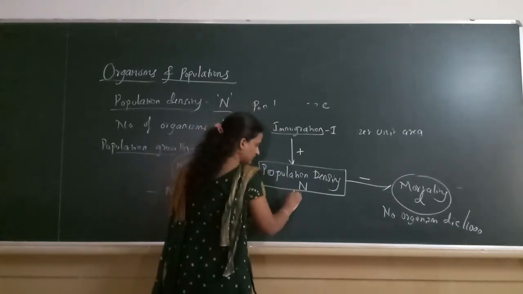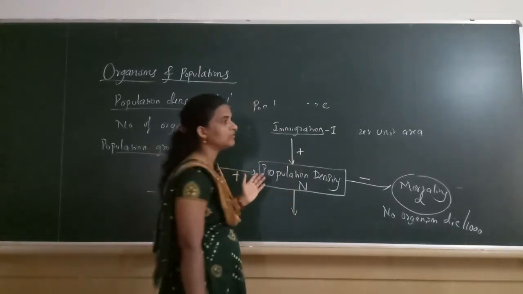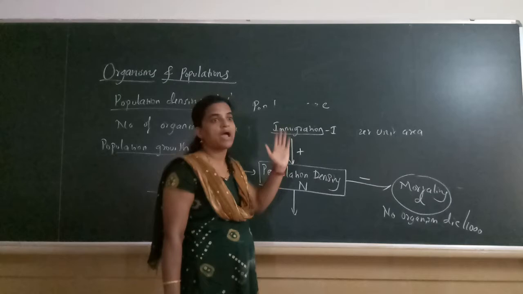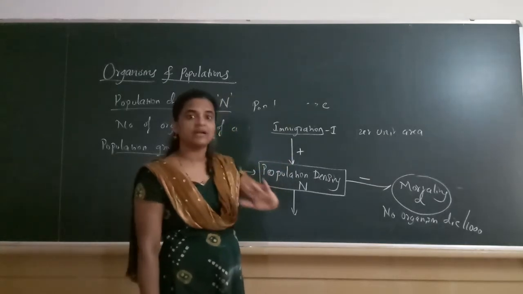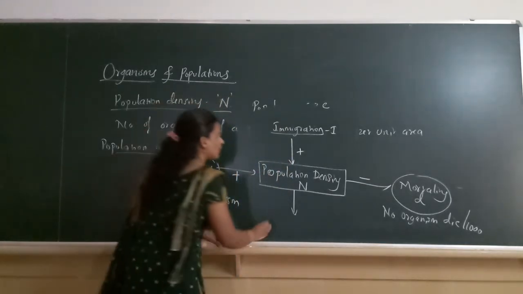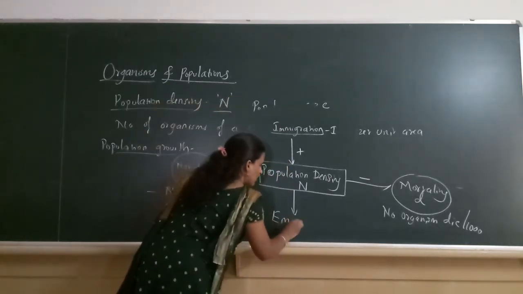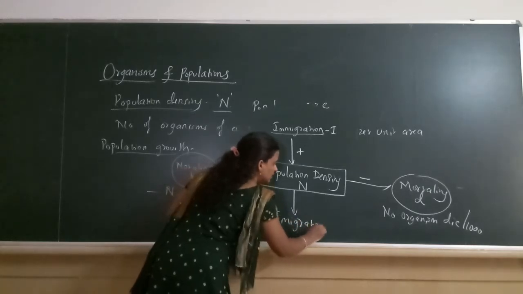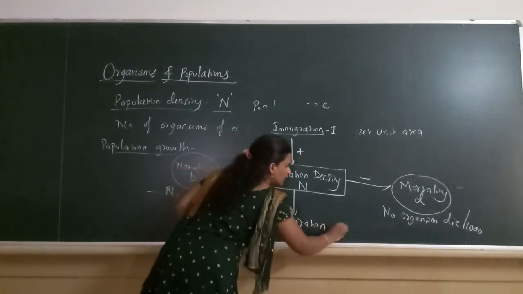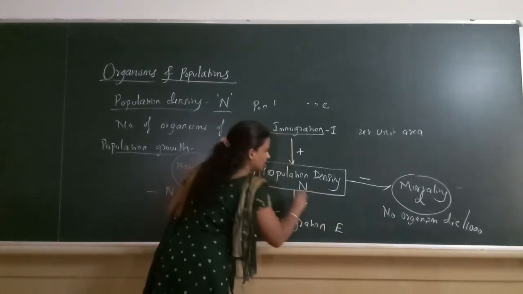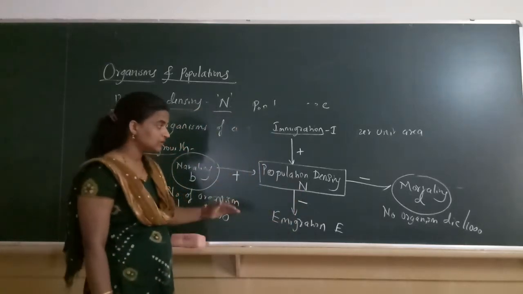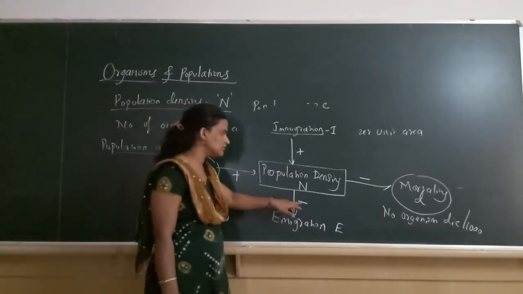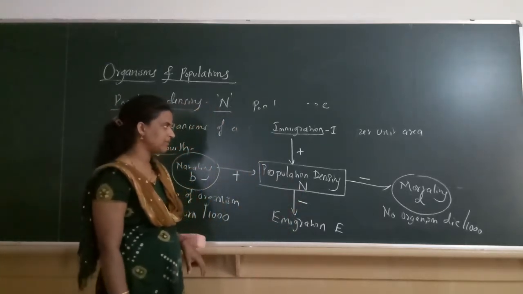Some more organisms go out of the country, and that is called emigration, represented by capital E. Here they decrease the number of organisms, so it is represented by minus.